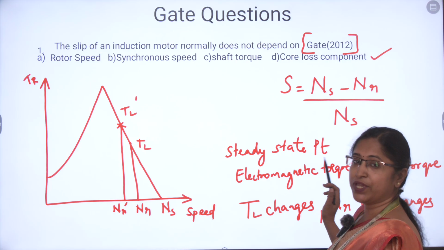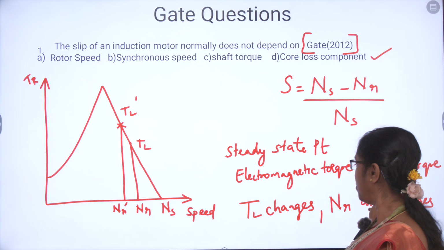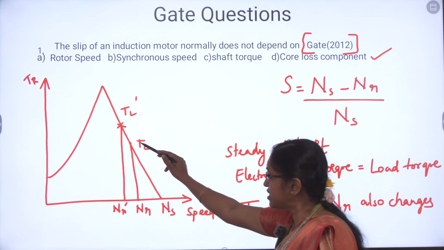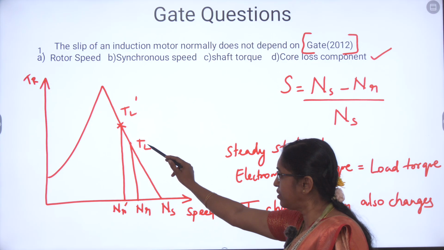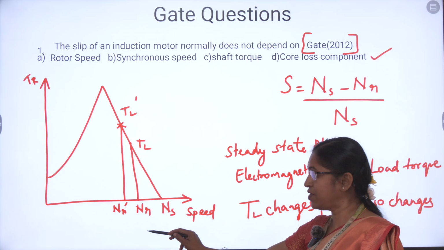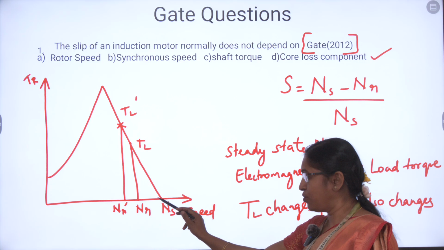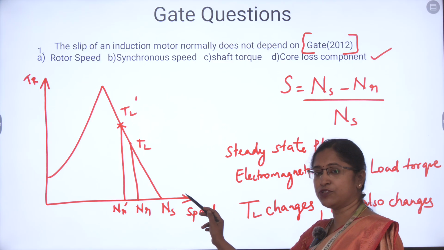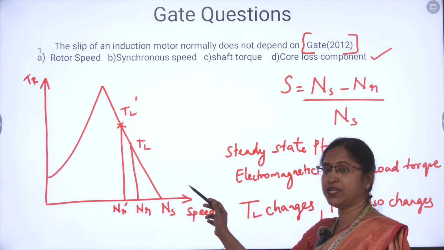The condition where your electromagnetic torque is equal to your load torque is called your steady state point. Let us assume the corresponding speed at the steady state point is Nr, your rotor speed. As said earlier, your rotor never reaches your synchronous speed. It will try to catch up, but there is always a difference between Ns and Nr.